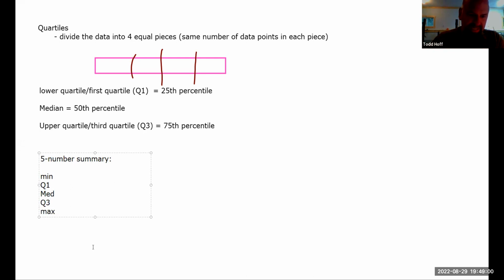So for this data set that we had in the calculator, that was 9, 9.5, 15, 20.5, and 21. So there is the 5-number summary. And that is used to make something called a box plot or a box and whisker plot.